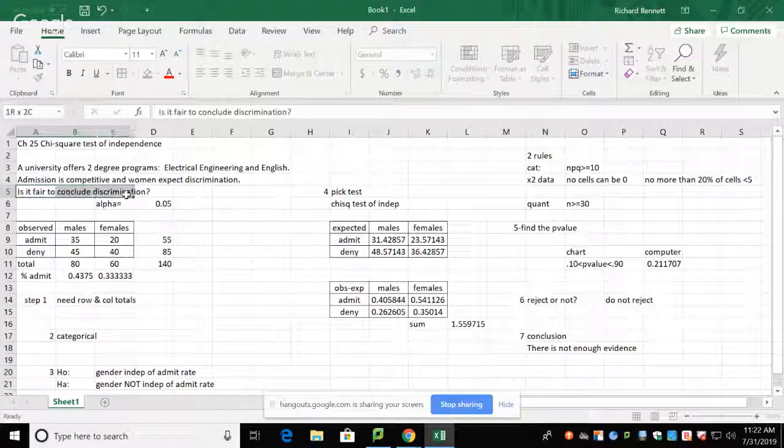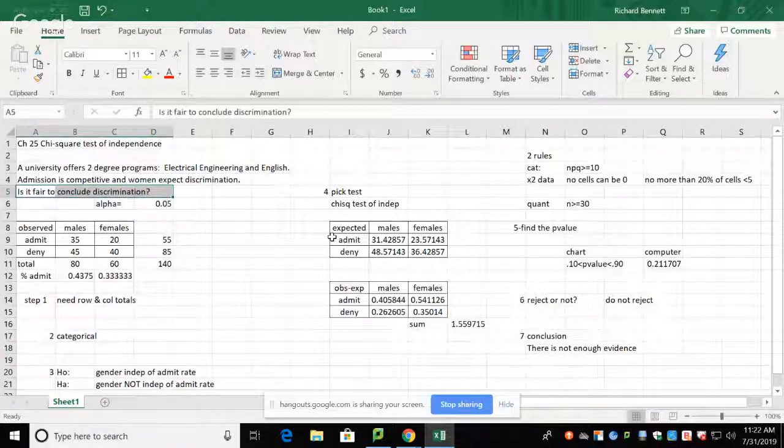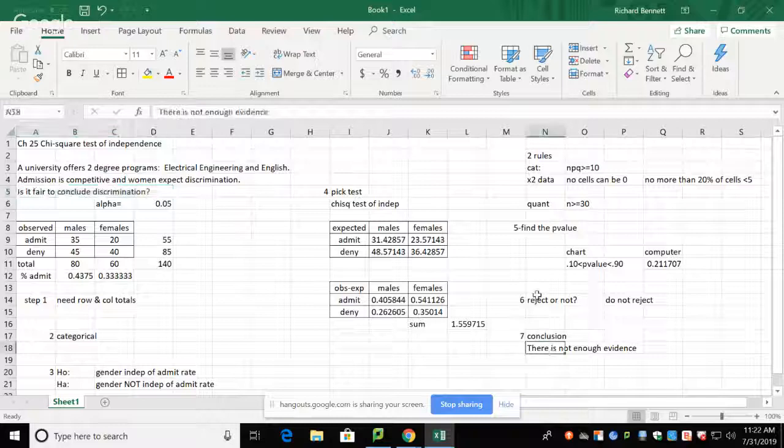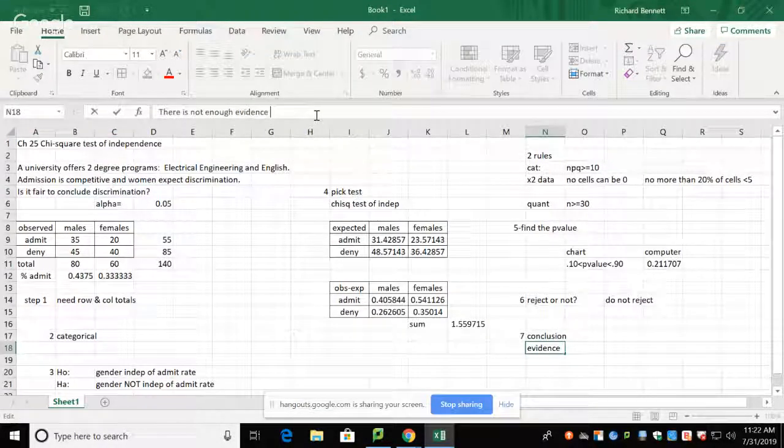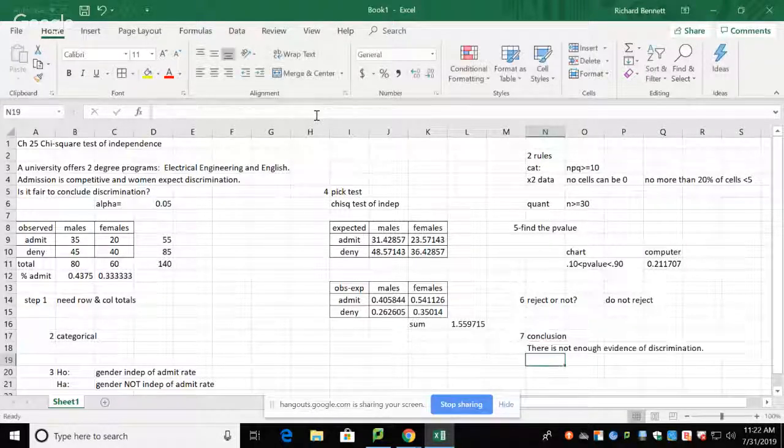So answer this question. Is it fair to conclude discrimination? There is not enough evidence of discrimination. That's it? Yes. There's not enough evidence.